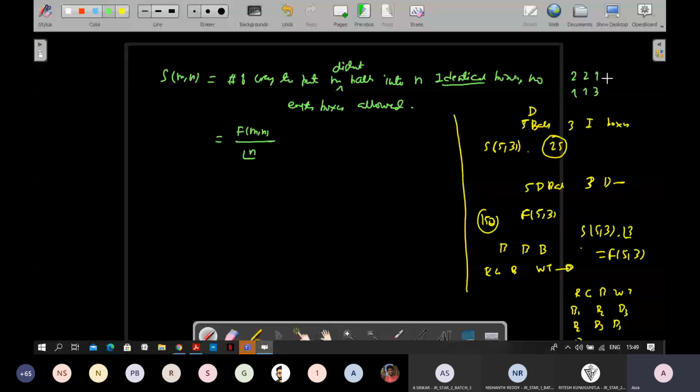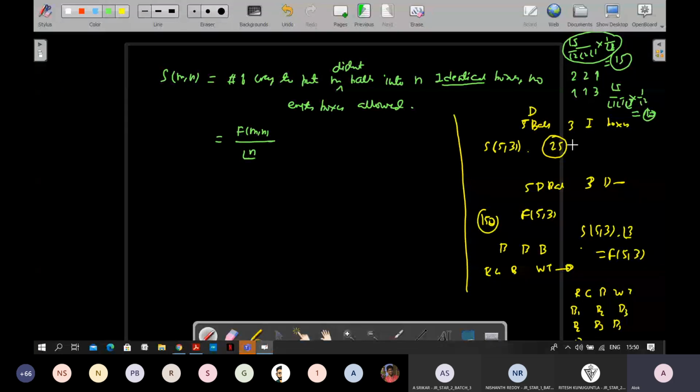So the 2, 2, 1 case was factorial 5 by factorial 2, factorial 2, factorial 1, times 1 by factorial 2, because the boxes are identical. That number was 120 upon 8, which is 15. And this number is factorial 5 by factorial 1, factorial 1, factorial 3, times 1 by factorial 2. So that is 5 choose 2, that is 10. So 10 plus 15, 25.